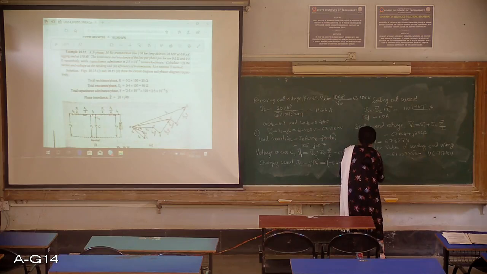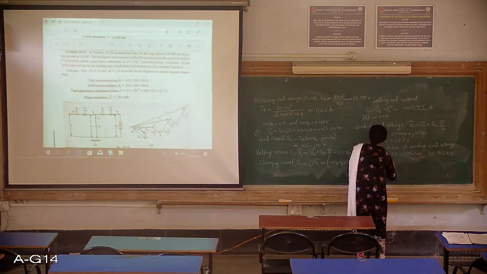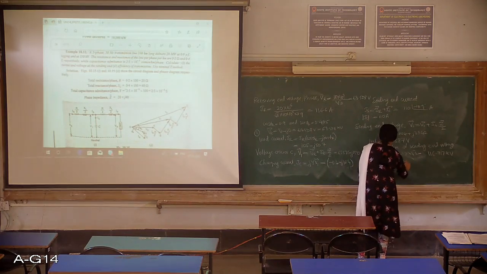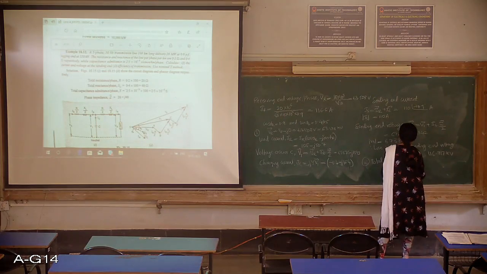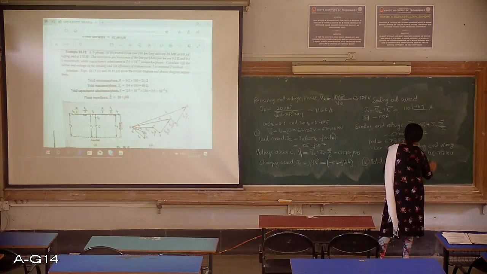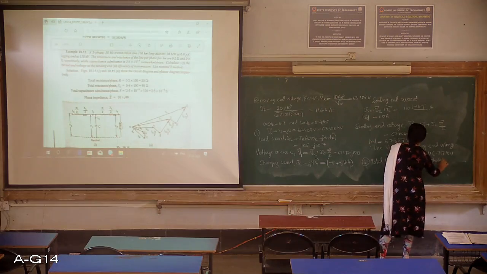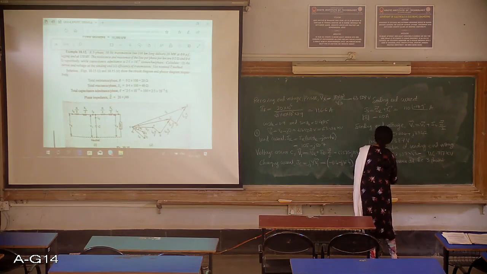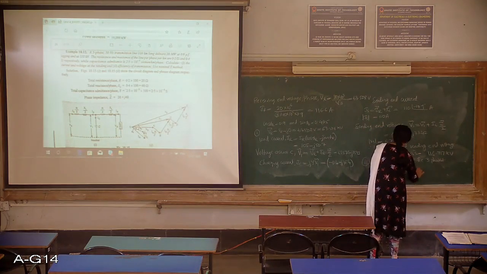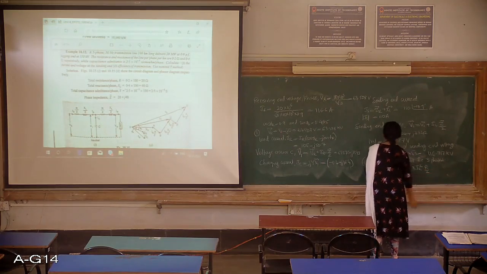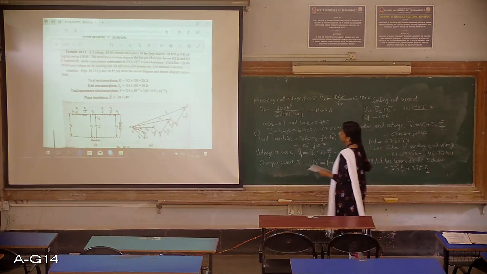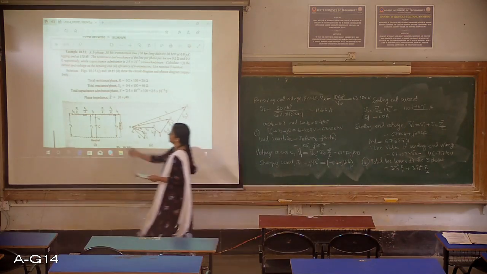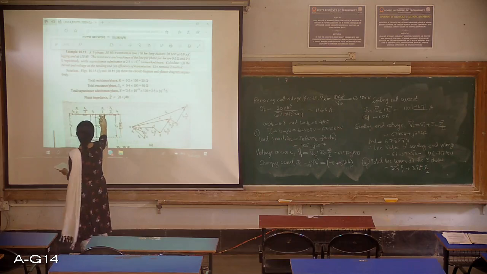So now we will just calculate the losses and then put it in your efficiency formula. So total line losses for the three phases will be 3 times Is square into R by 2 plus 3 times IR square into R by 2. Okay, so this circuitry here, clear? So drop here plus drop here.